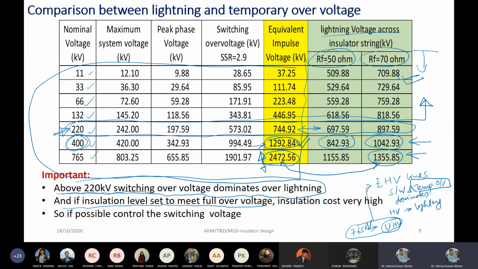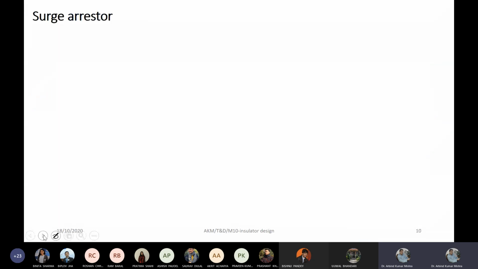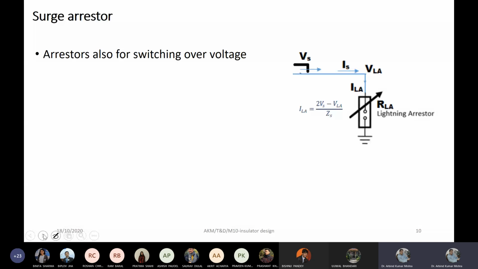That's why one other option could be, if possible, to control the switching over voltage. And one of the controlling provisions for the switching over voltage is also the lightning arrestor. That's why, just today in the beginning itself, I have precautiously used the word lightning arrestor instead of calling it lightning voltage.